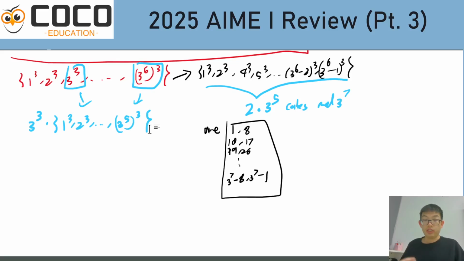Now, by the same logic, we can again split off the ones that are not multiples of 3.